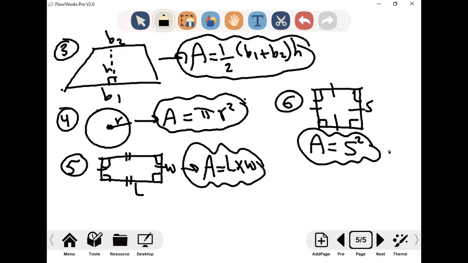Done? For these 6 figures, we need to know the area of each one of them so we can calculate the area of composite figures. Copy these areas, please.